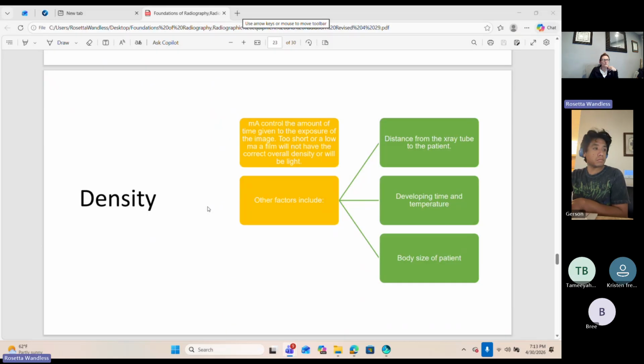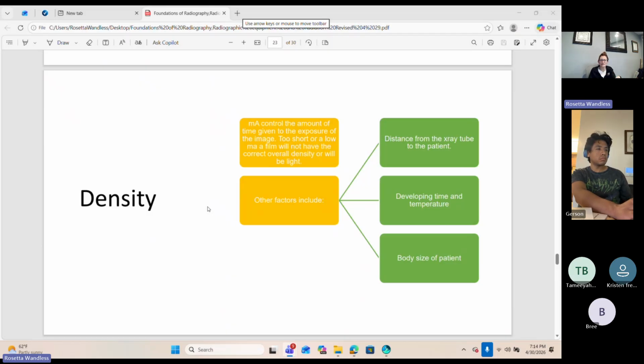If we were developing an X-ray manually with chemicals, the time and temperature of how we do that will also affect the density, which is the overall blackness. If overdeveloped, it's going to turn completely black. It's going to be too dense. I can't see it. It's not going to be diagnostic.